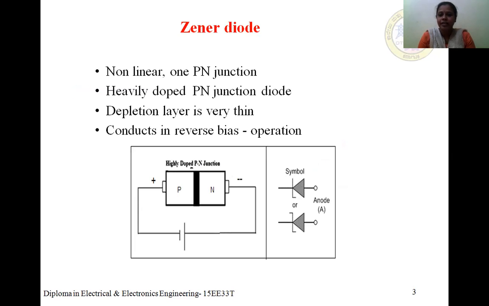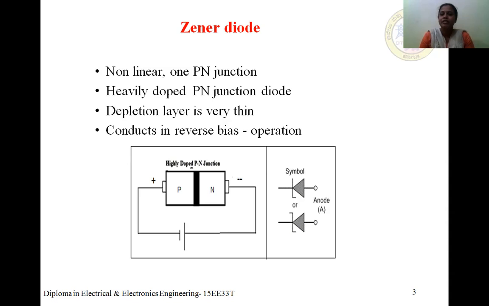So Zener diode is a non-linear device and it is having only one PN junction and it is heavily doped when compared to a PN junction diode. Here in case of a Zener diode, the depletion layer is very thin. This Zener diode conducts in a reverse biased condition, that is, operation is done in the reverse biased characteristics.